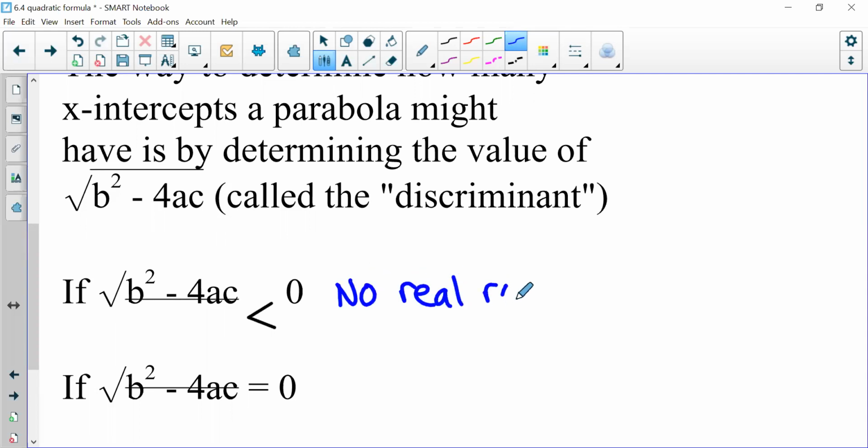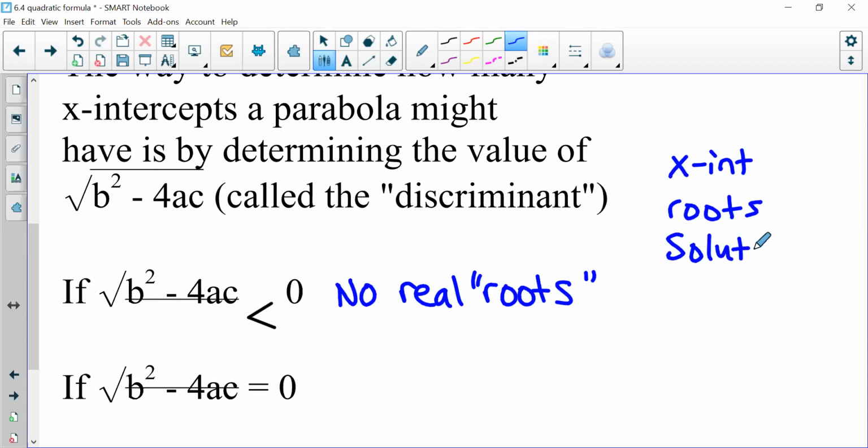X-intercepts can be called roots, solutions, zeros, or x-intercepts. Put this in your sheet, please. It's all the same thing.